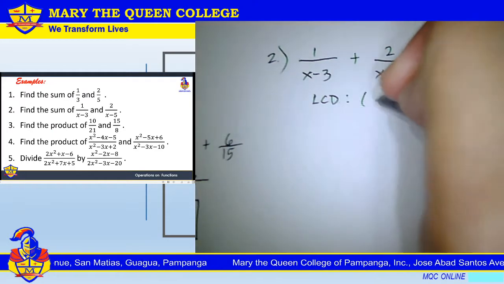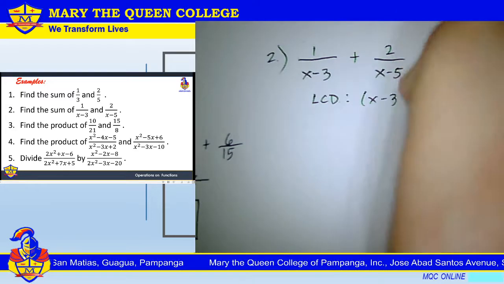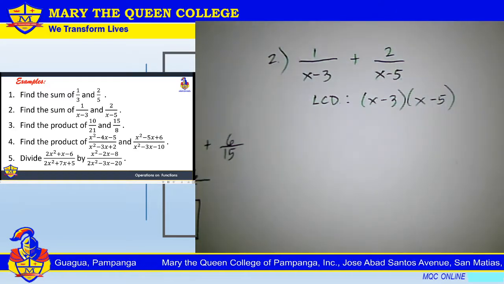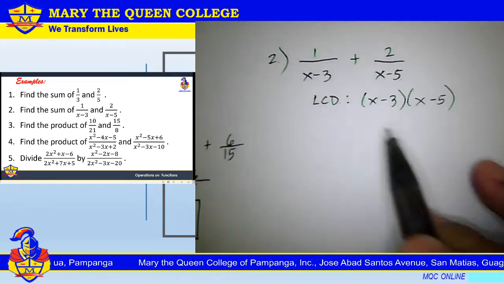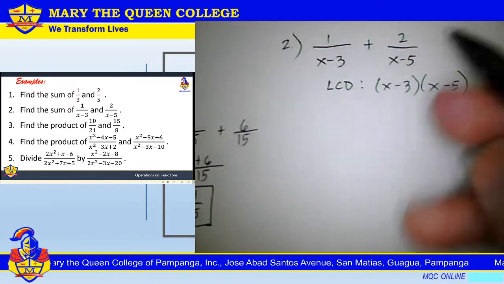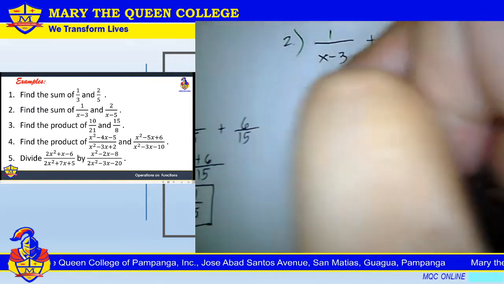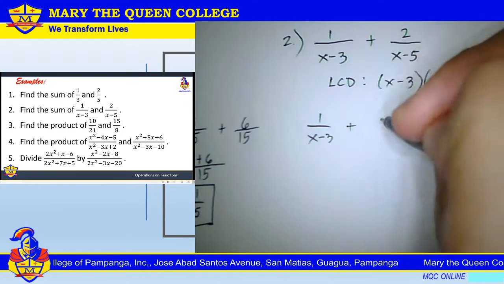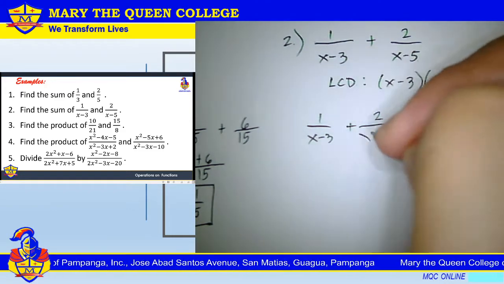So we can now have x minus 3 times x minus 5. Okay? So pwede po natin gamitin ito as their least common denominator.